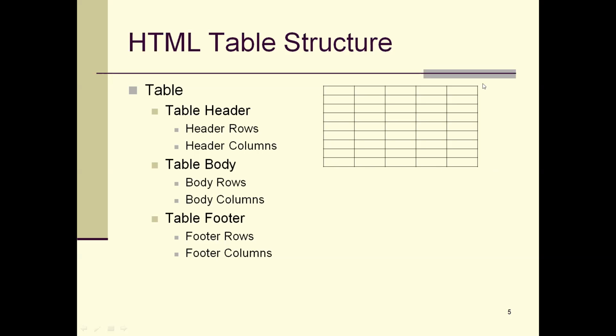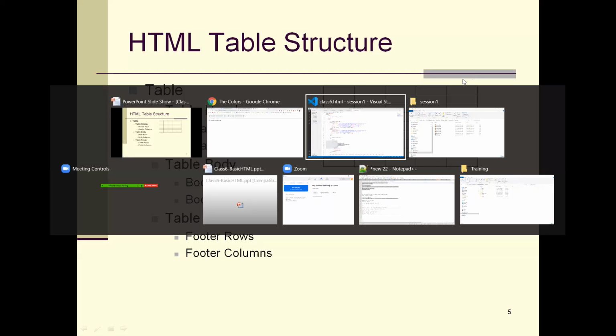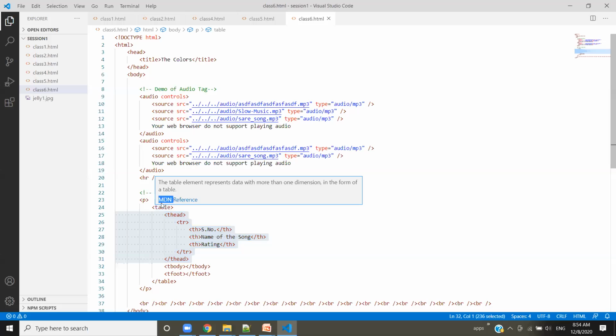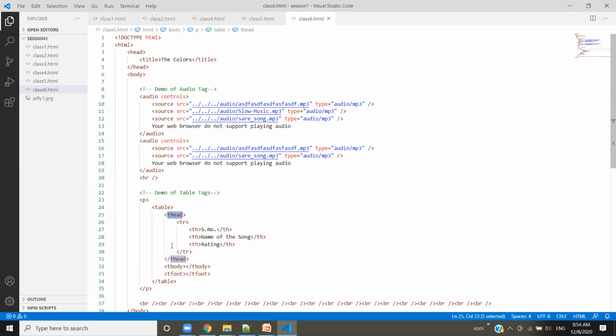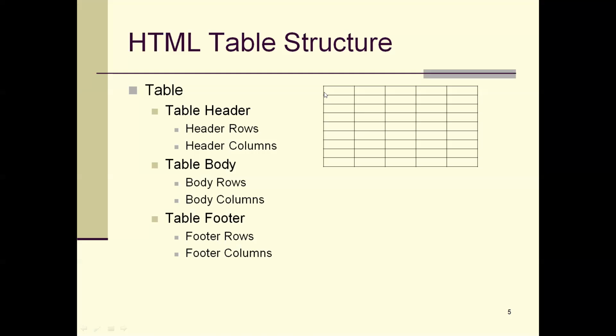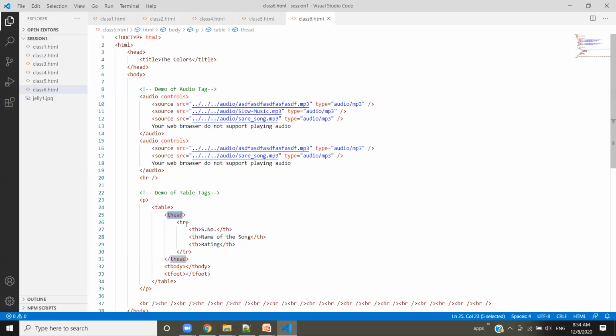First you have to enclose the table tag. So first thing we did, we added this table tag. After the table tag, we need to see whether this is a header or not. Yes, this is a header, so we add the thead tag. After that we add a row using the tr tag.